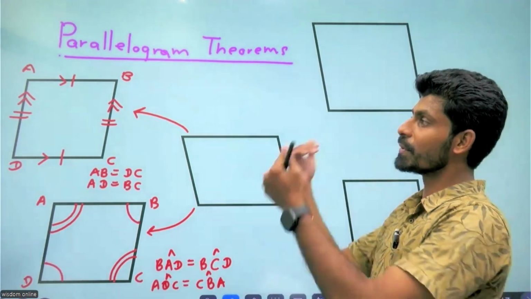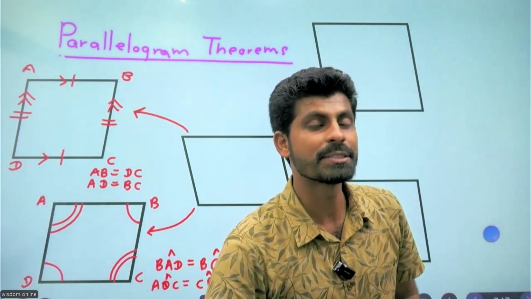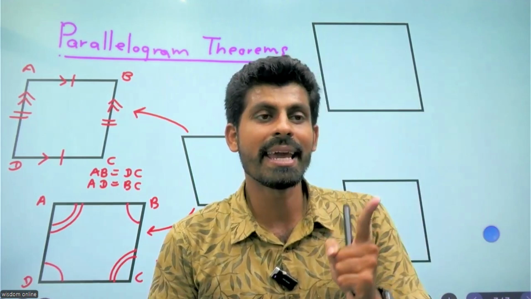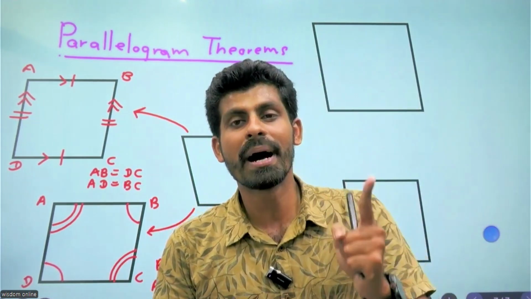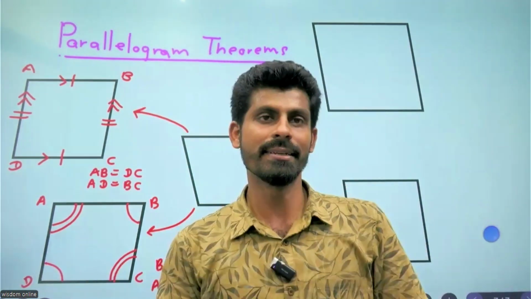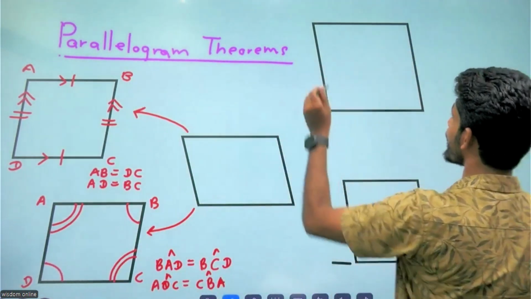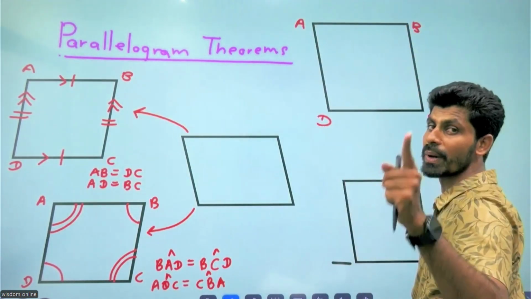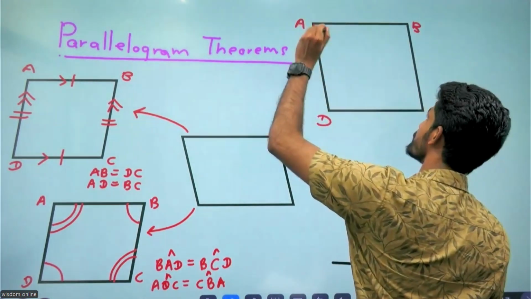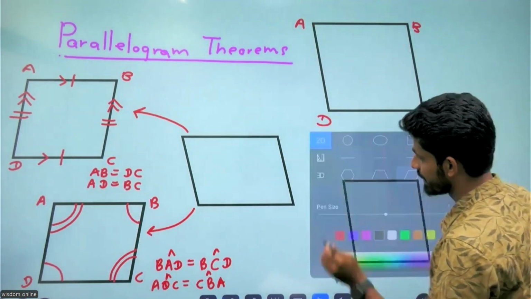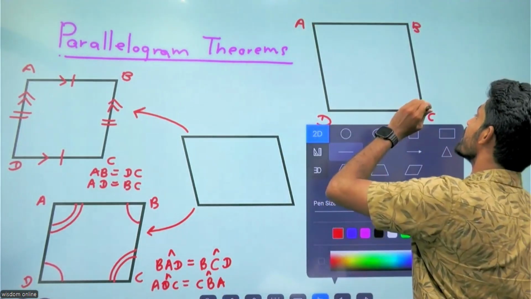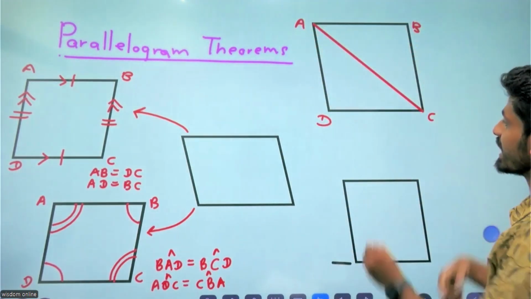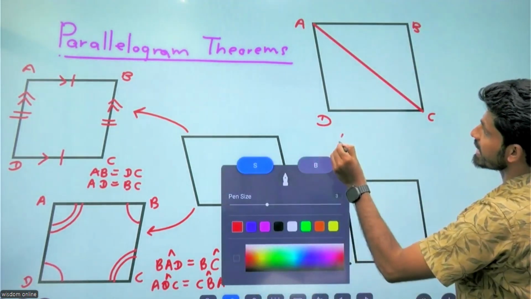Let's quickly move to the next one. What is the third theorem? In a parallelogram, the area of the parallelogram is bisected by each diagonal. This is the diagonal, A, B, C, D. I'm going to draw this diagonal.